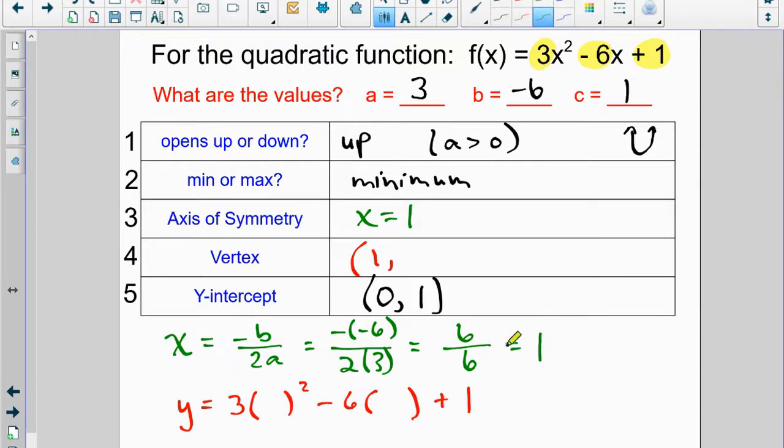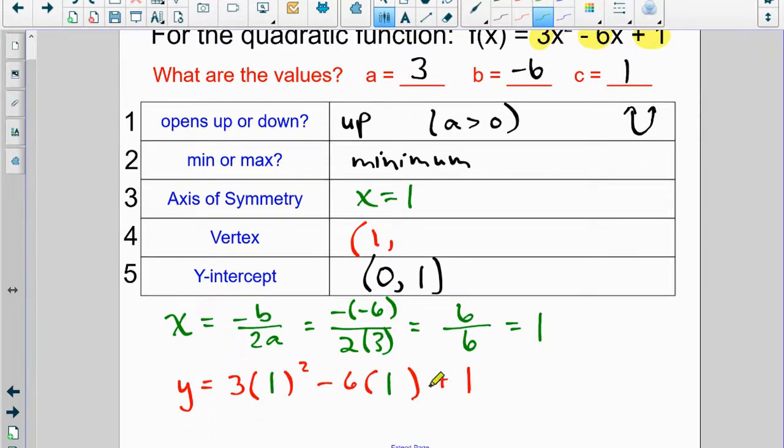So we solved just moments ago that the axis of symmetry was at x equals 1, which means the vertex has an x-coordinate of 1, which means x is 1 in this equation. So I have a little bit of math to do. You could use a calculator, but 1 squared is 1, and 3 times 1 is 3. 6 times 1 is 6, and 3 minus 6 plus 1 is -2. So the y-coordinate of the vertex is -2.